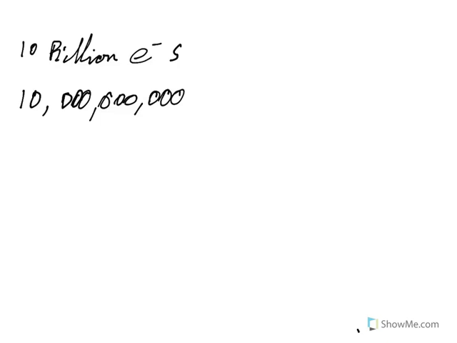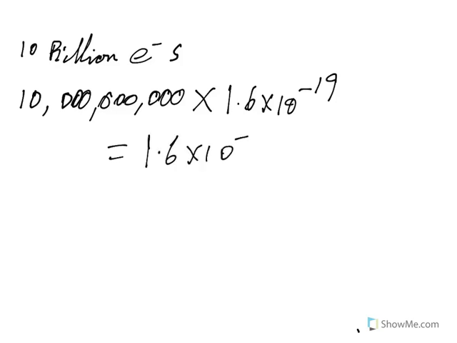So that's 9 zeros after the 10. So 10 billion electrons times by the charge on an electron, which is 1.6 by 10 to the minus 19 coulomb. And you multiply that together on your calculator and you get 1.6 by 10 to the minus 9 coulomb.